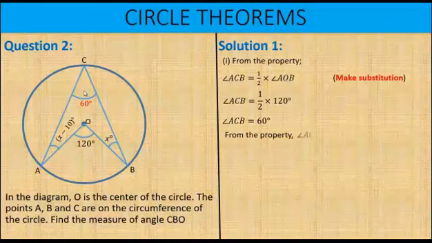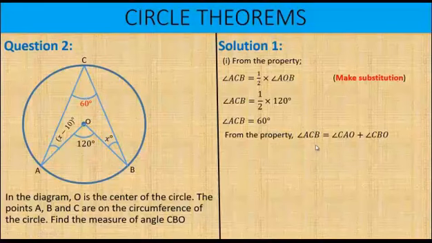So angle ACB is equal to angle CAO plus angle CBO. And from our calculation, you already know angle ACB, which is 60 degrees, the angle at the circumference.